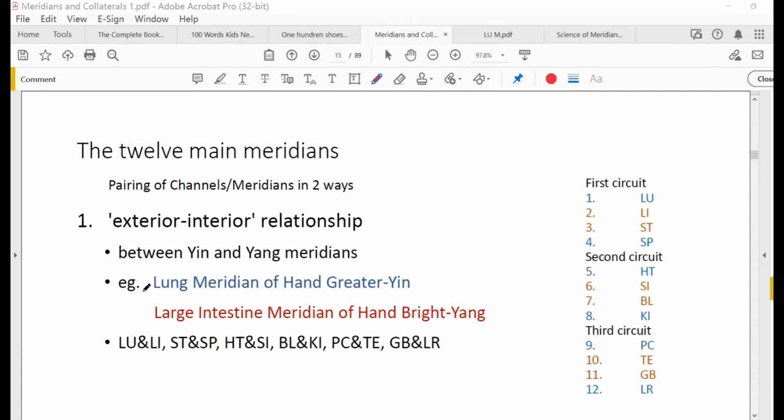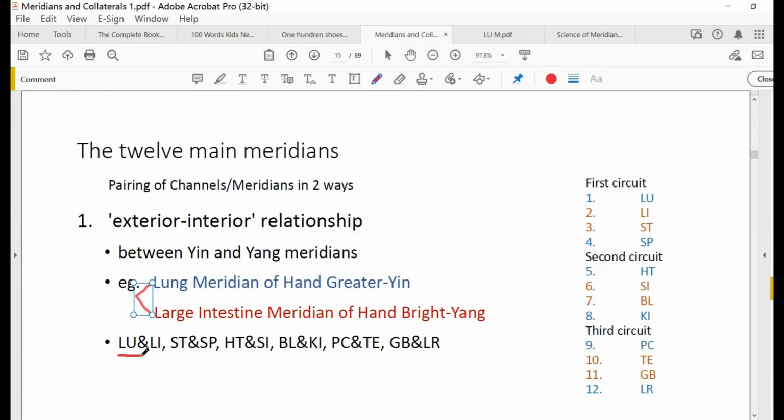For example, lung meridian of hand greater yin and large intestine meridian of hand bright yang. That means they are in the same circuit, the first circuit. This yin and this yang are a pair, and their relationship is the exterior-interior relationship.